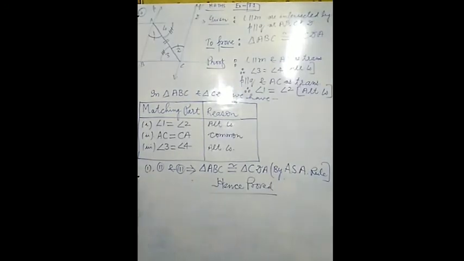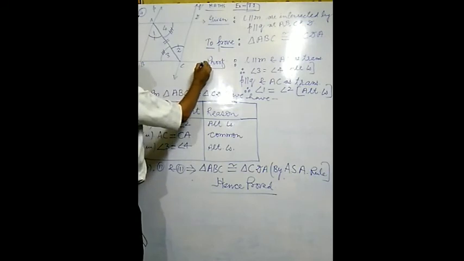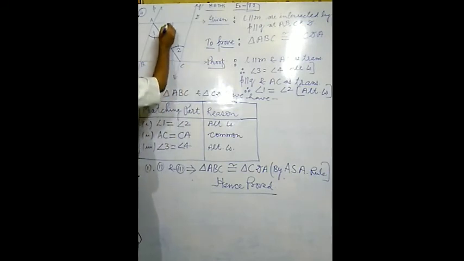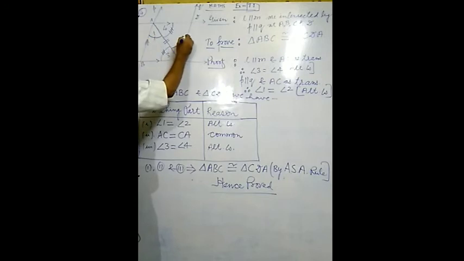Now students, we have to discuss question number 4. Now see, lines L and M are both parallel, and P is parallel to Q. It means parallel lines are intersected by parallel lines.